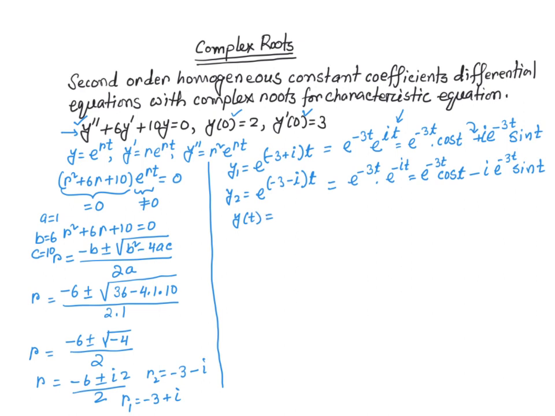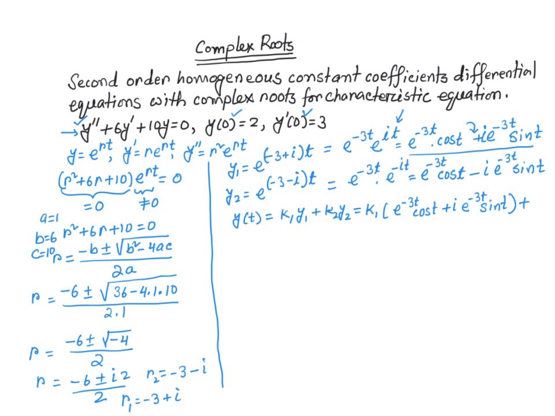So it's going to be, let's use k1, some constant, times y1 plus k2 times y2. If I write it out, it's going to be k1 times this whole thing, right? So e to the power negative 3t cosine of t plus i times e to the power negative 3t sine of t.